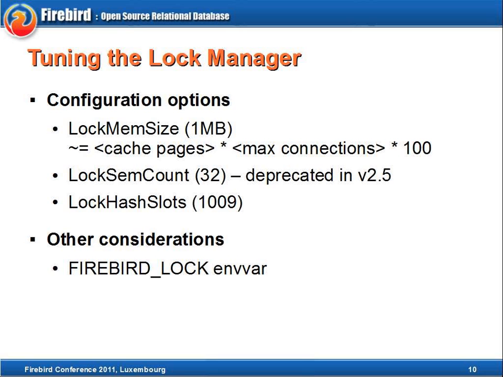Actually, this is quite a dangerous option, because environment variables can be set to different values for different users, or maybe even for different processes. And if two Classic processes use different log tables to access the same database, you will get a corrupted database in a few minutes.